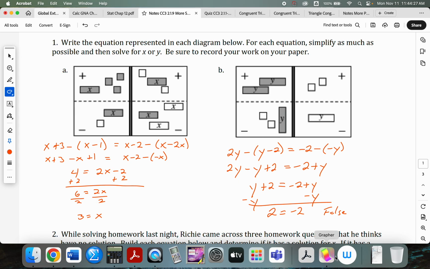Anytime you end up with a false statement when you're trying to solve one of these, the answer is that there is no solution. It doesn't matter what value y has, those two things are never going to be equal to one another.